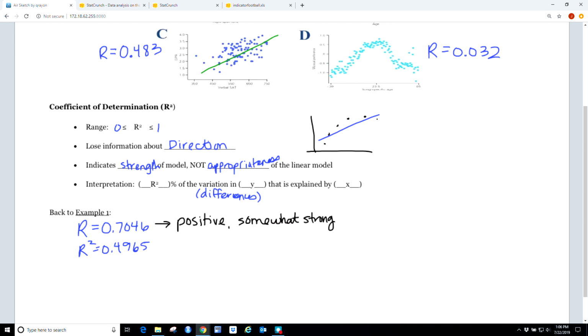Maybe now you'll see why we like r squared. The first thing I'm going to do is take this decimal and change it to a percentage. I do that by just multiplying by 100%.